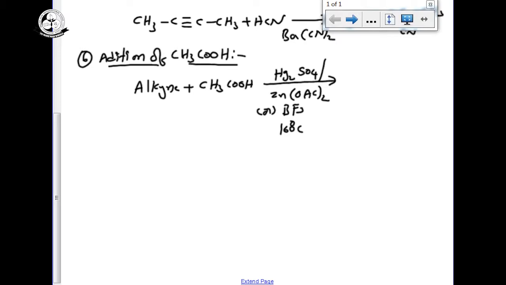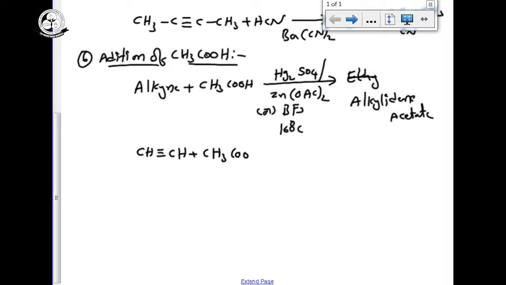We can get ethylidene acetate, alkylidene acetate. See the reaction: CH triple bond CH, add acetic acid, CH3COOH. As usual, the rules and regulations we are following.